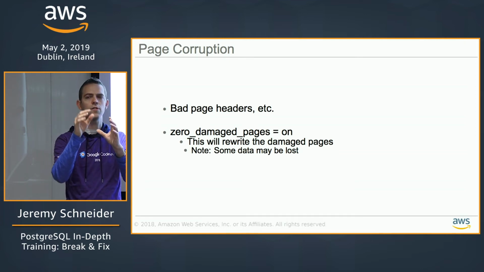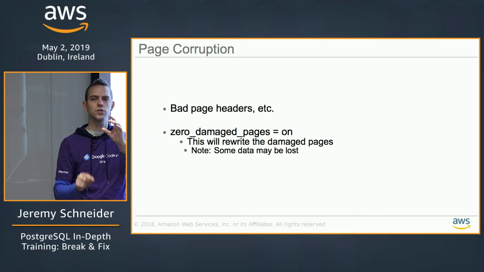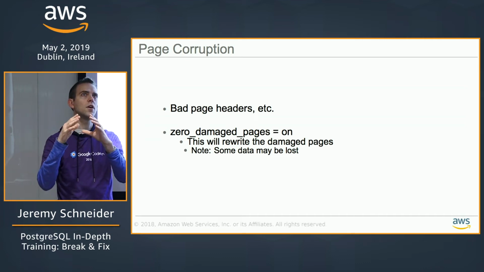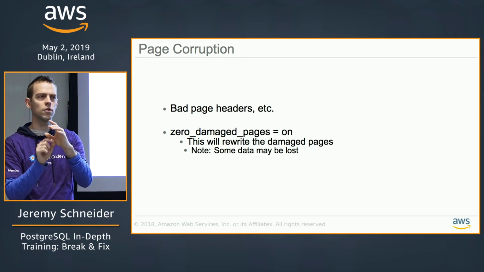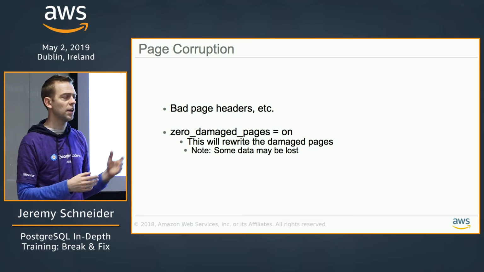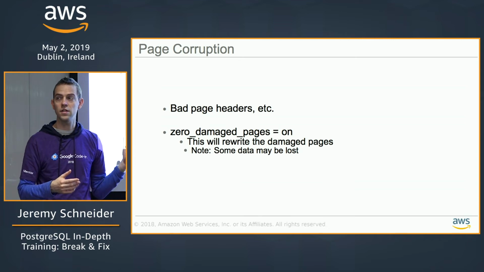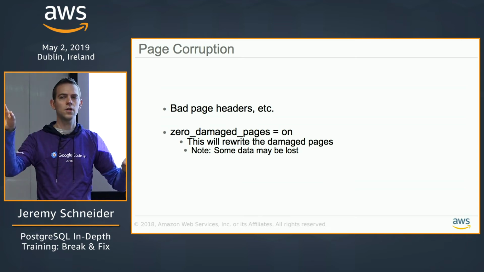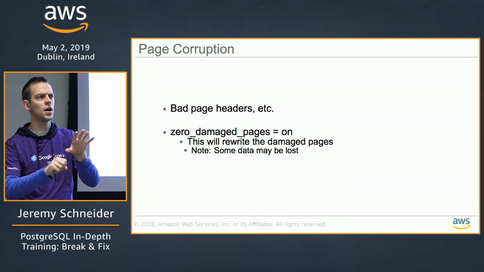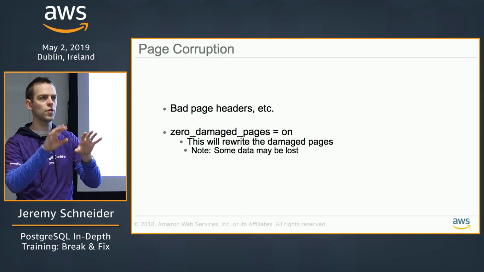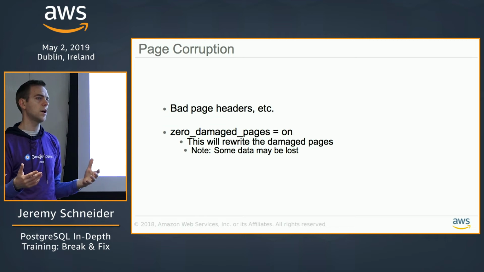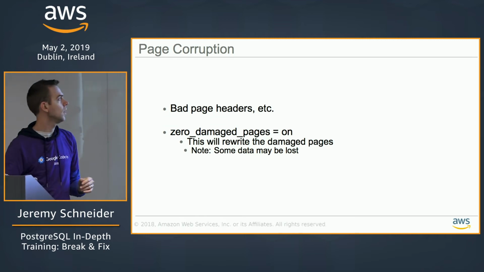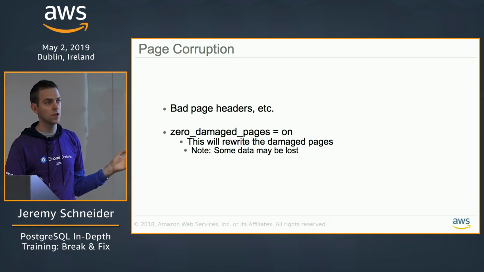If that was a leaf node, or a branching node, you've lost links to a bunch of your leaf nodes. But in a heap structure, in a table, the blocks aren't interconnected. So you can zero a block out, and it just means that whatever rows were in that block are lost. But the rest of the table is now fine, and you don't have the error anymore. So that's an option that can be used to get out of trouble.